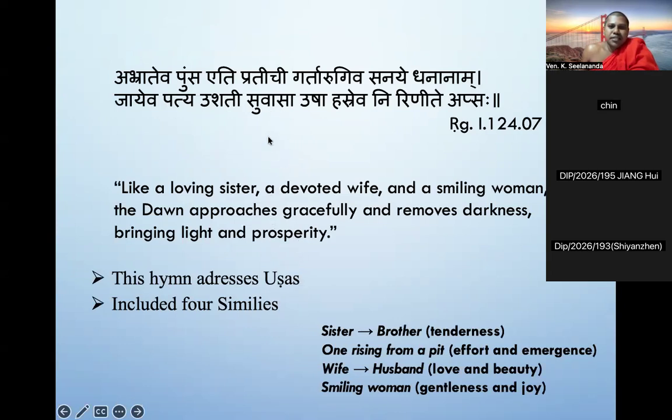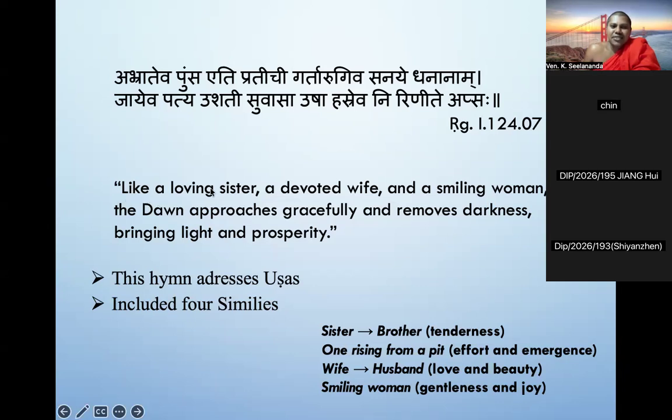I extracted one verse from the Rig Veda, first Mandala, 124th Sukta, 7th verse. Abhrateva punsa eti pratichi, garta rugiva sanaye dananam; yayeva patya ushati suasa, usha hasreva ni rinite apsah. This is the verse in the Rig Veda. The meaning of this verse: like a loving sister.